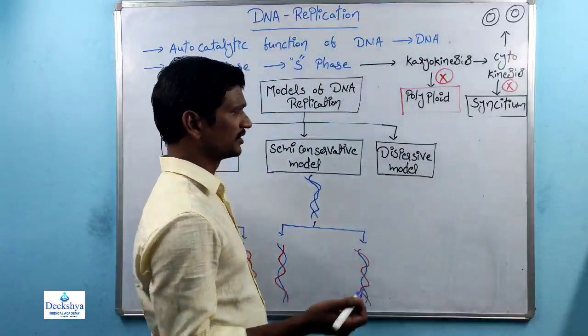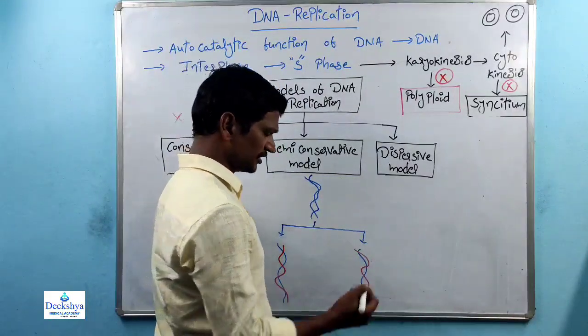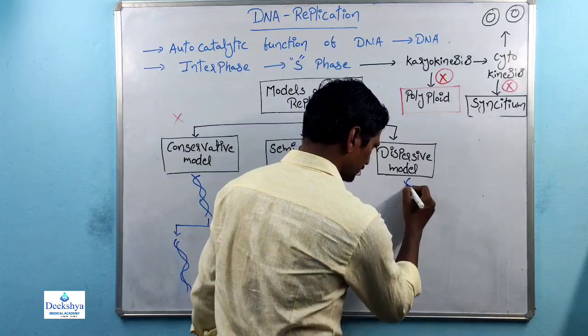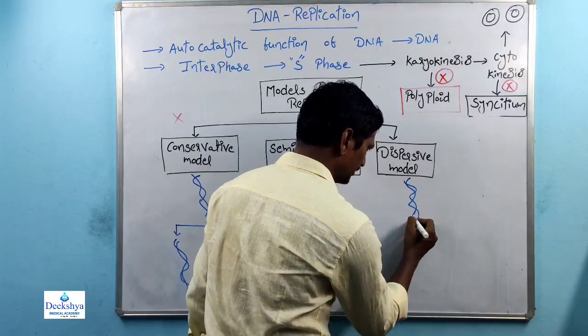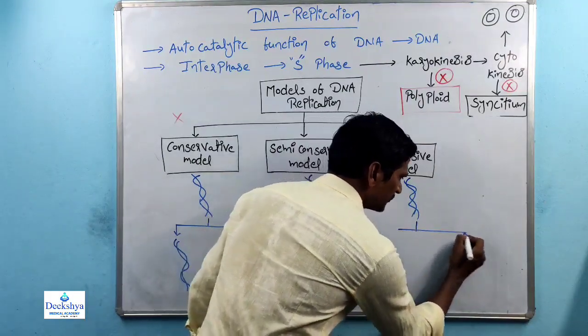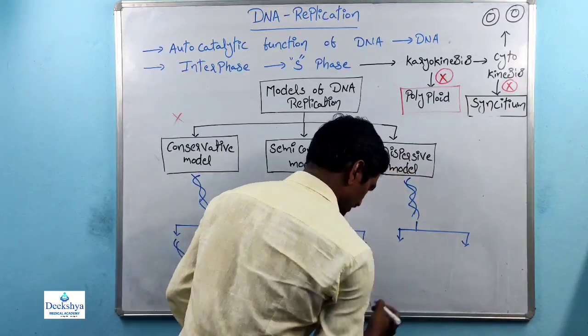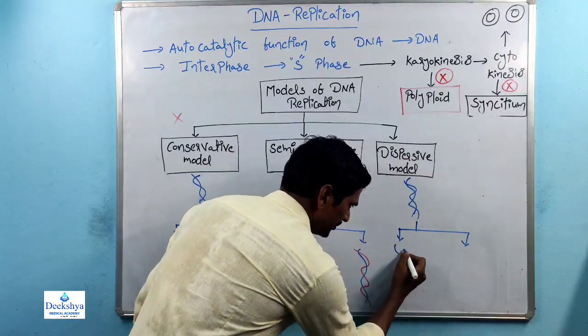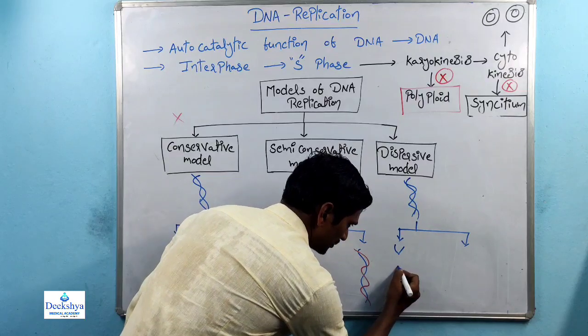According to the dispersive model, see, this is the parental DNA. In the next generation, this is a bit and this is another bit.